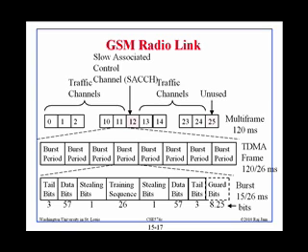We divide into multi-frame number 0, 1, 2, 3, all the way up to 25. This is in the time domain, by the way. This is just one carrier. In the frequency domain, you can imagine there are 400 carriers, which we are not showing here. So just one carrier divided into time.